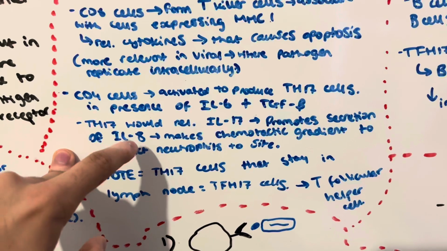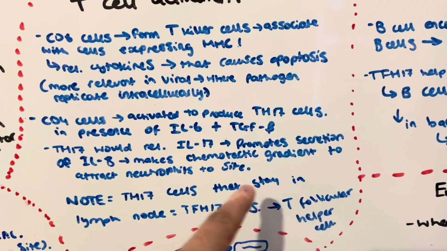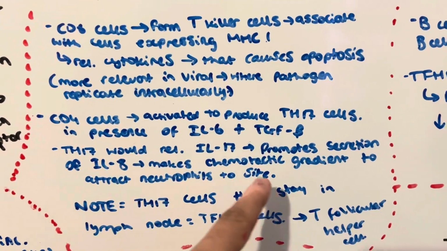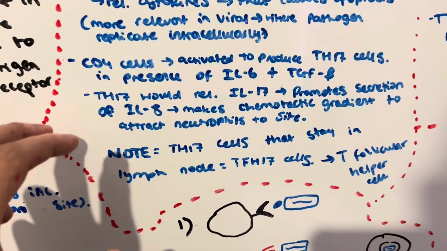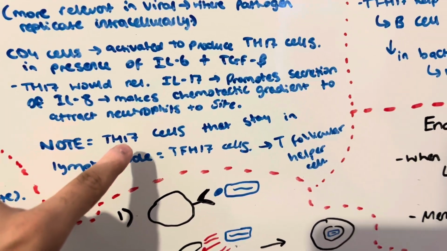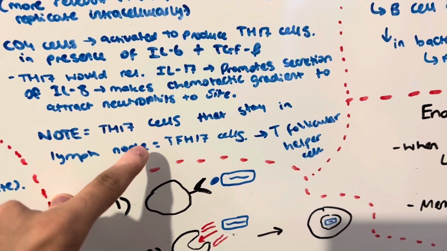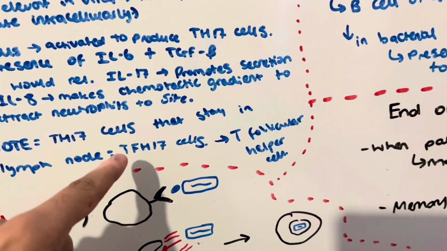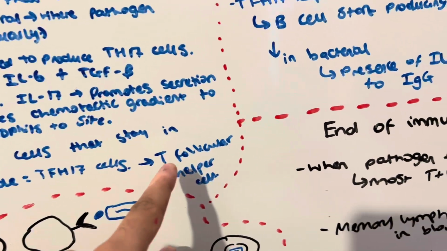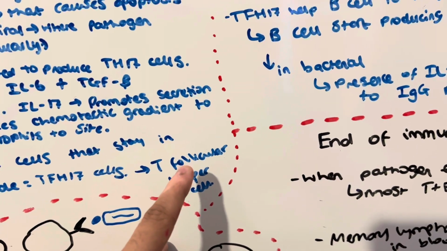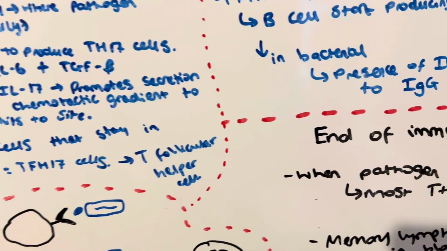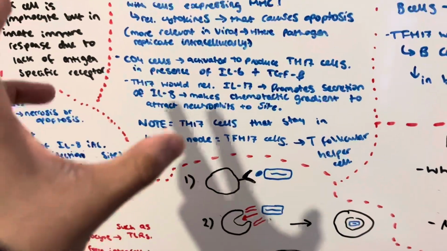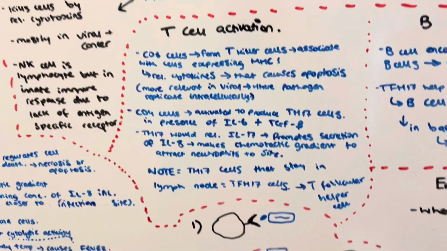And so the interleukin 8 would make a chemotactic gradient to attract the neutrophils to the site of infection. Important thing to note is T helper 17 cells that stay in the lymph node are called TFH17, also known as T follicular helper 17 cells. And that's in terms of our T cell activation.